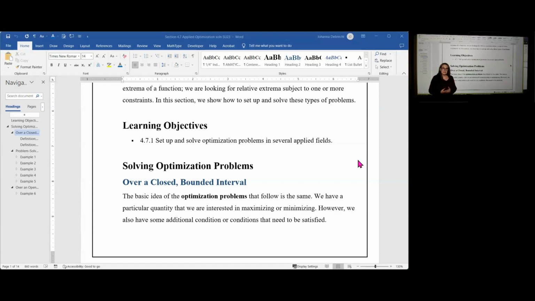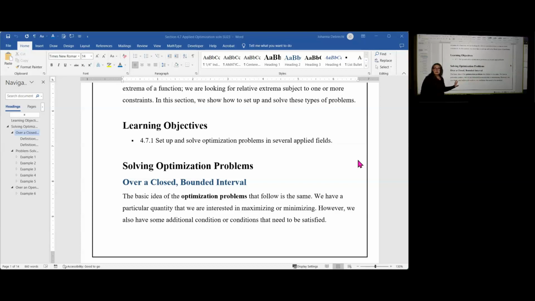At the end of this section, we'll also take a look at solving problems in a situation where the interval is not closed or bounded. In these situations, we're no longer guaranteed that an absolute extremum exists, but many situations still have them, though they're not guaranteed.